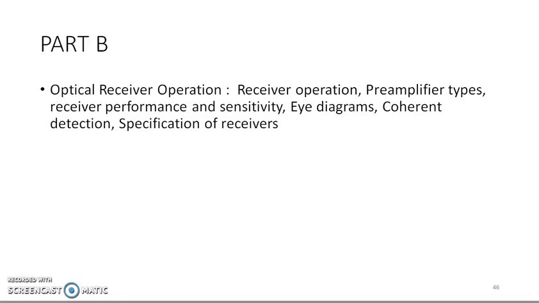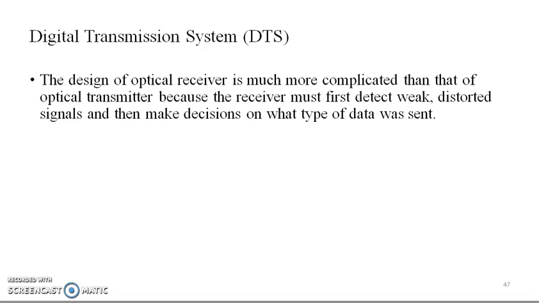Now we have these blocks to learn about in this part B. So we start with the digital transmission system in the case of optical fiber. Generally an optical fiber link consists of a transmitter, whether it can be an LED or laser source, and a detector, which can be a PIN diode or avalanche diode.